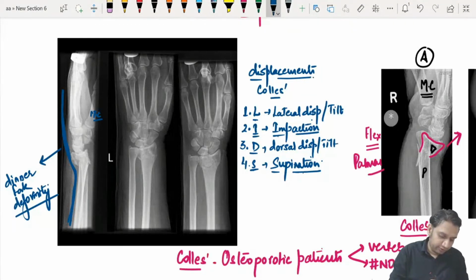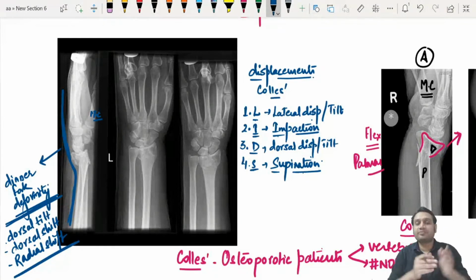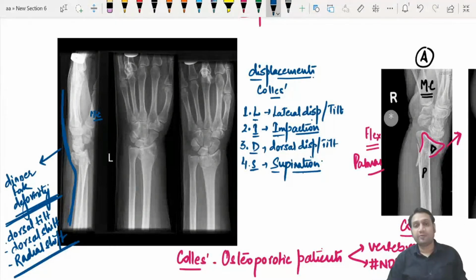These are because of dorsal tilt, second, dorsal shift, and third, the lateral shift or the radial shift, you can say. These are the 3 main reasons why the patient gets a dinner-fork deformity, because the fragment is coming here, a hump on the back. So that's what you call a dinner-fork deformity, right?